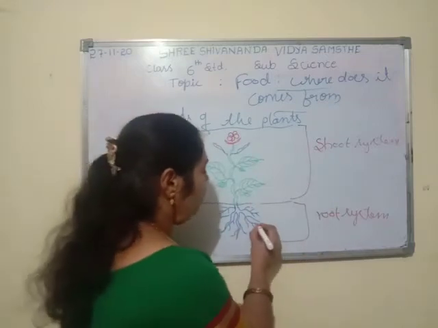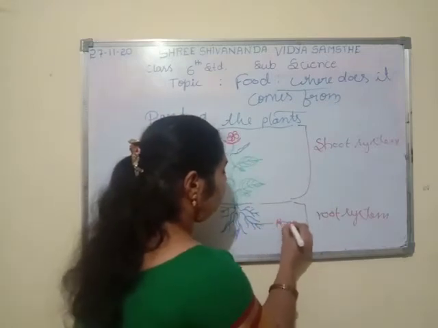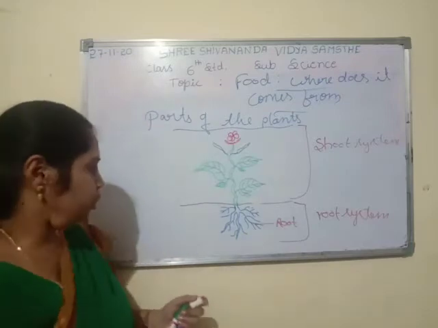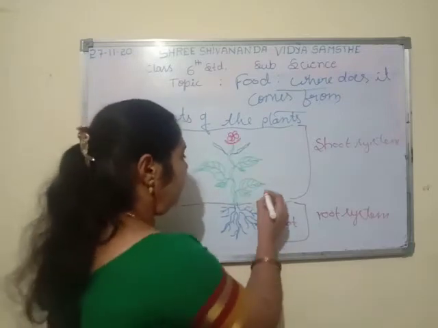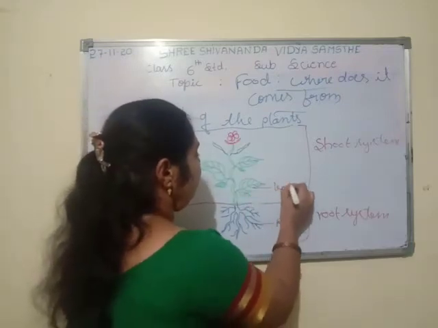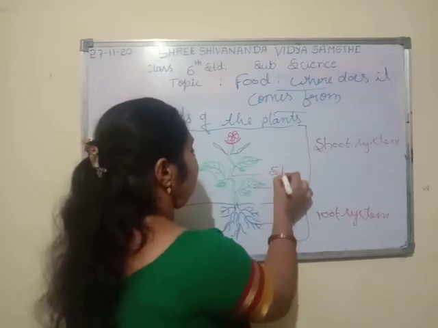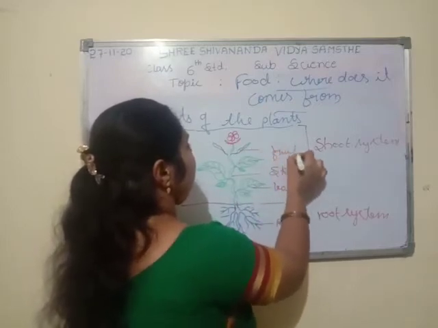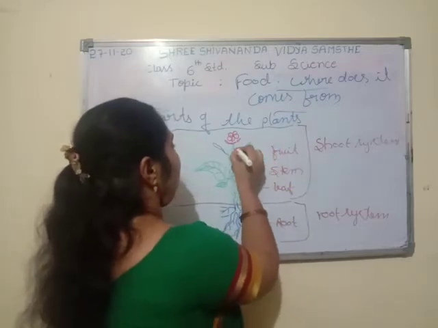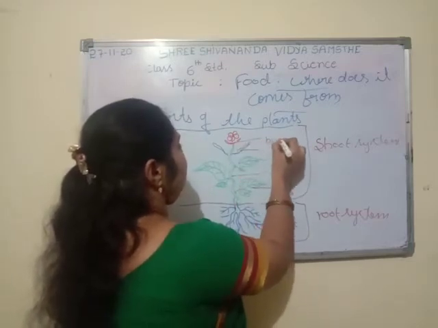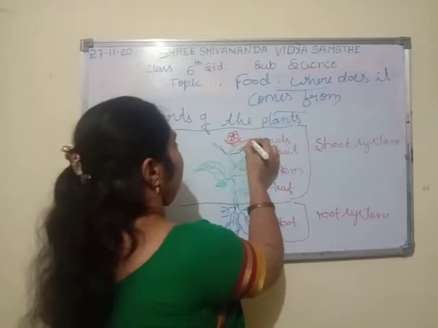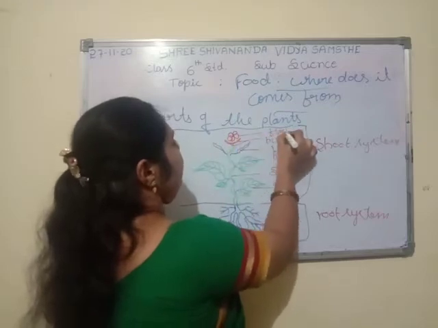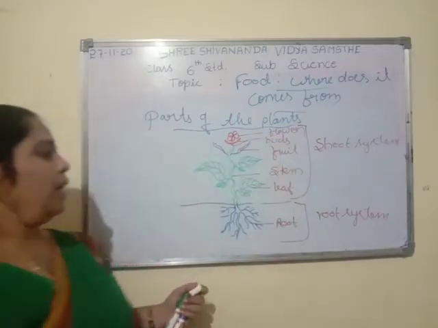So this is the root. And these are the leaf, stem, fruit, buds, and this is the flower.